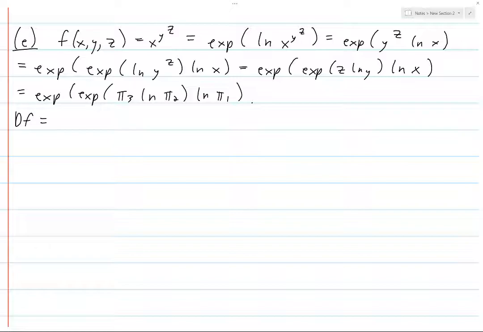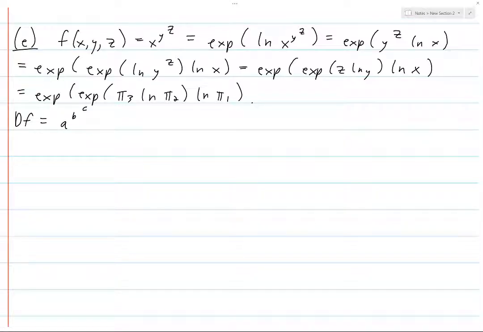So we're going to end up with a to the power of b to the power of c on the outside here, because the first step is the derivative of the exponential function evaluated at the exponential of pi 3 natural log pi 2 times natural log pi 1. Then you basically just undo all the steps we did above, and you'll get a to the power of b to the power of c.